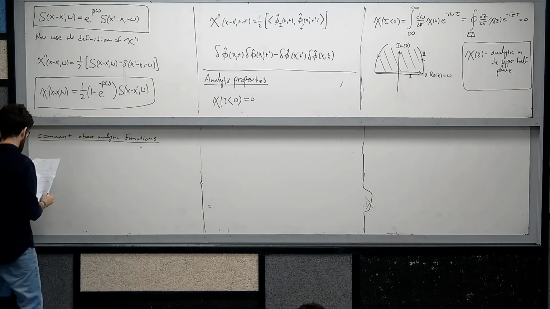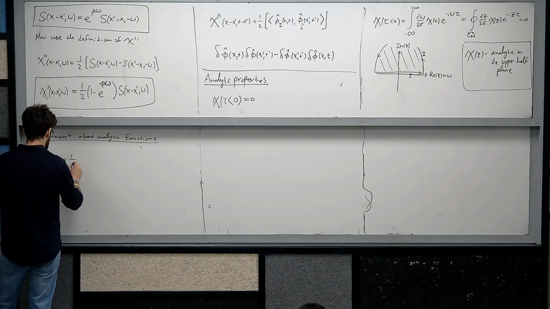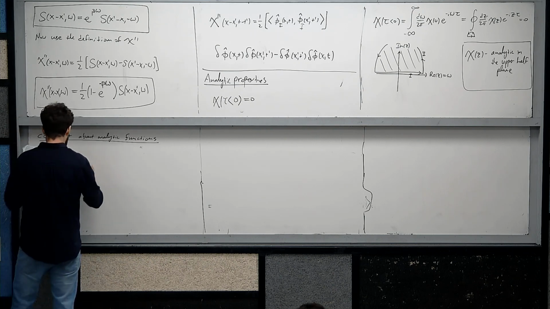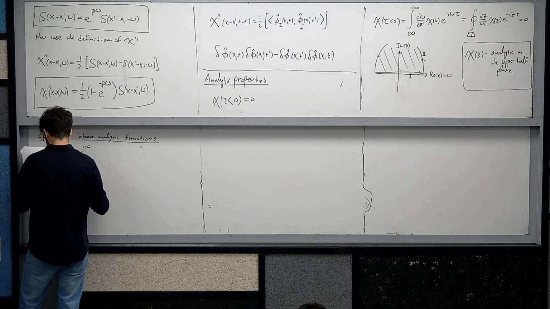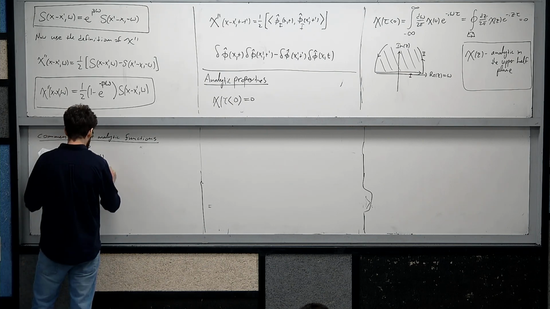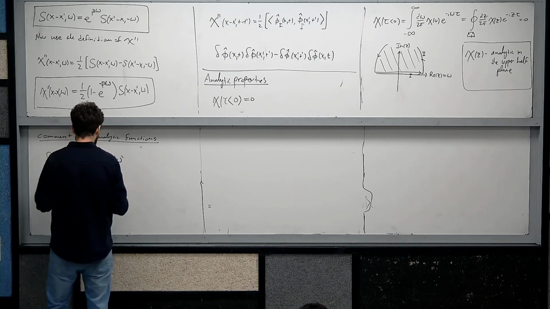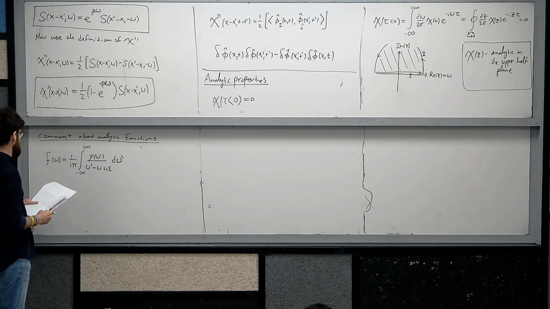So I want to use the following definition, that f of omega is equal to 1 over i pi, the integral from minus infinity to infinity, rho of omega prime divided by omega prime minus omega plus or minus i epsilon, d omega.